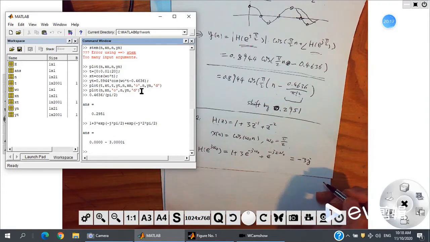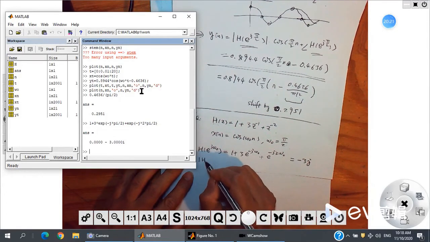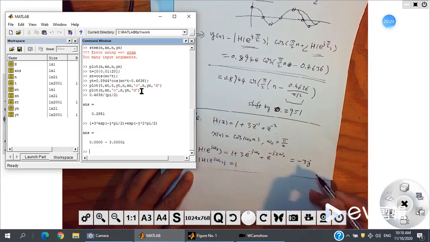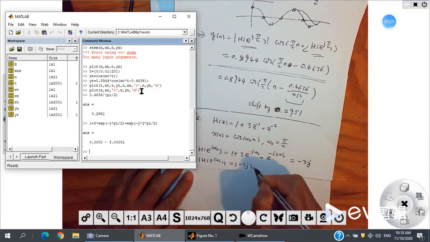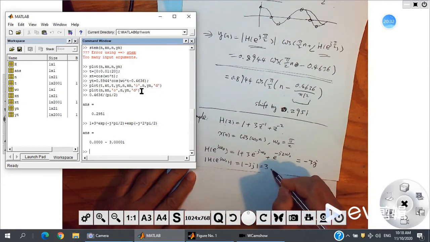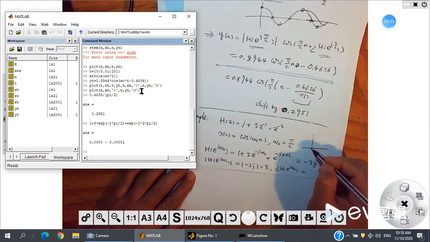Okay, then the magnitude. It is the magnitude of negative 3j. It is just 3. And the angle, you can see here, negative 3j is here, right?